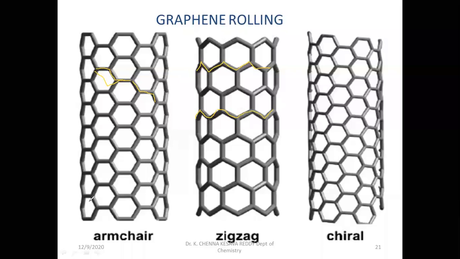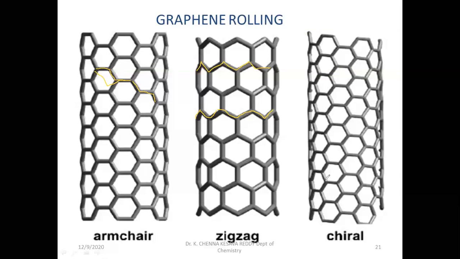In armchair and zigzag, symmetry is there. But in this case, you cannot predict whether it is armchair or zigzag. You see that it is asymmetric in nature, which means there is no symmetry. That is why we call it chiral.